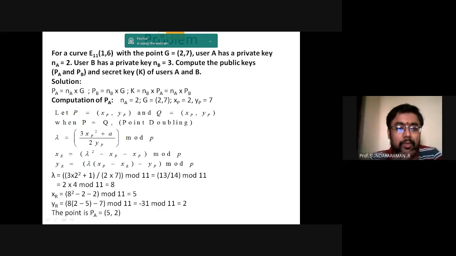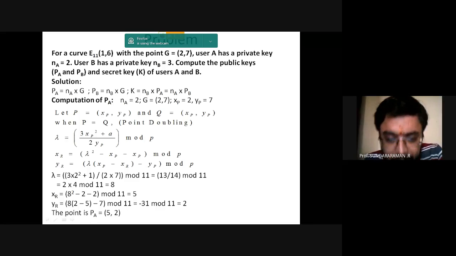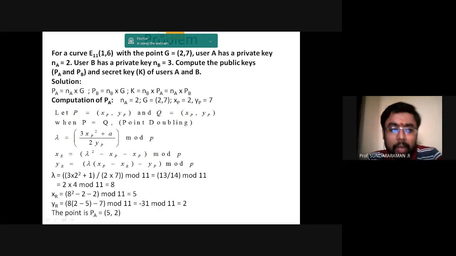So 3 into 2 square, 4 into 3, 12, plus 1, 13. 13 divided by 14, because the denominator 2 into 7 is 14. So 13 by 14 mod 11. 13 mod 11 is 2, and 14 mod 11 is 3. So 2 by 3 mod 11. 3 inverse mod 11 is equal to 4. Therefore 2 into 4 mod 11 is equal to 8. So lambda is equal to 8.